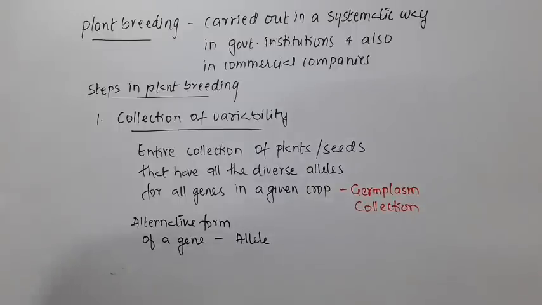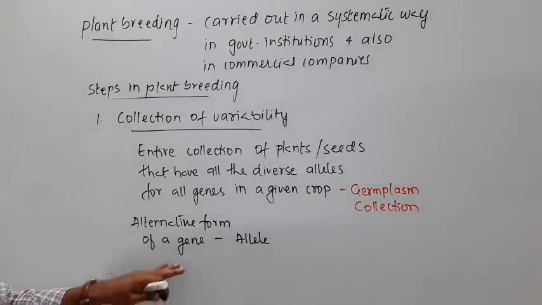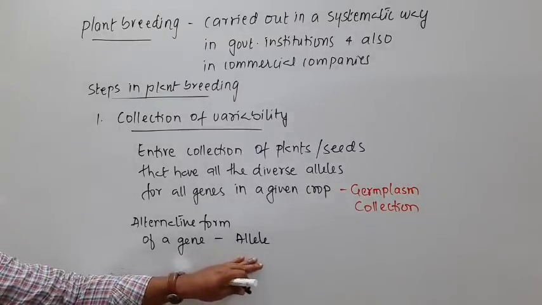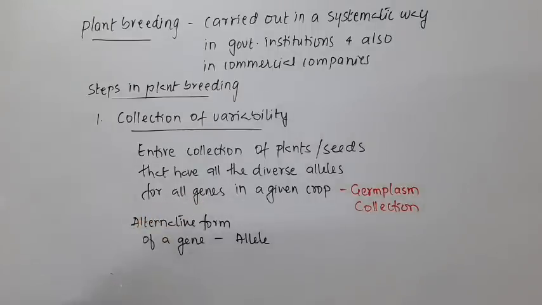In a diploid organism, for a gene we will have two alleles. You may find this point difficult to understand because we have not completed the chapter on principles of inheritance and variations.